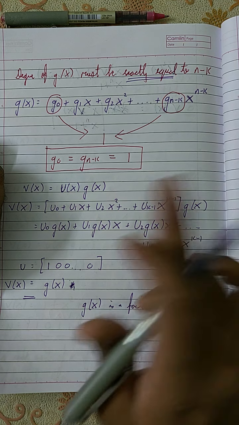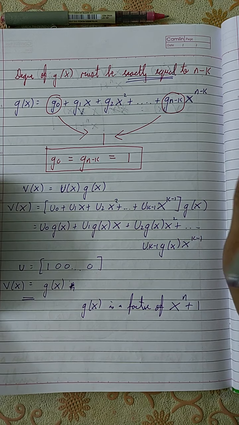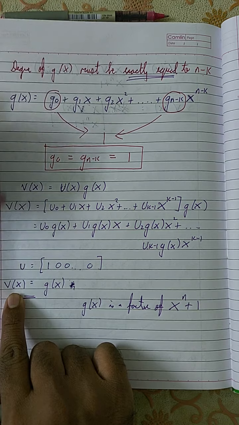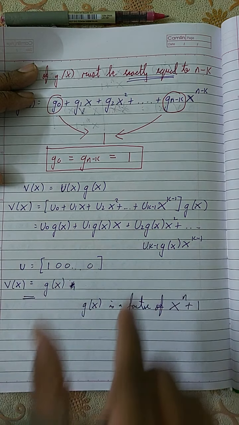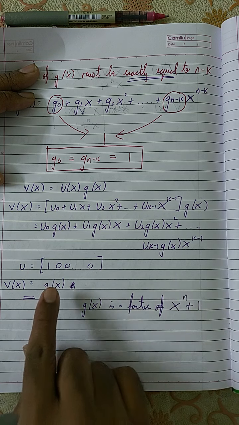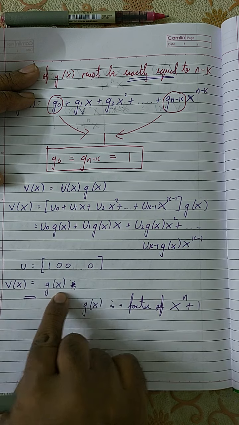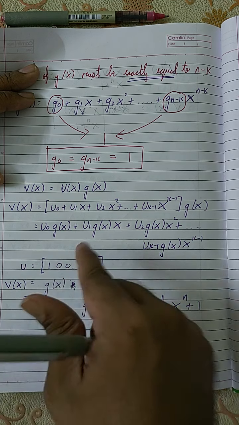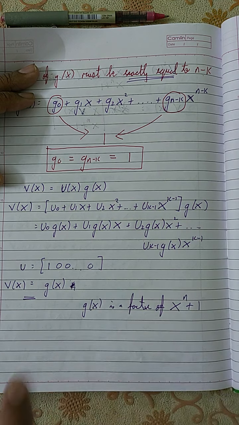Okay, and another interesting thing that you have also learned is that if you cyclic shift v of x, you get another valid code word. The same theory can also be applied over here, which means if you apply the cyclic shift to this polynomial also, that polynomial is also one of the valid polynomials.